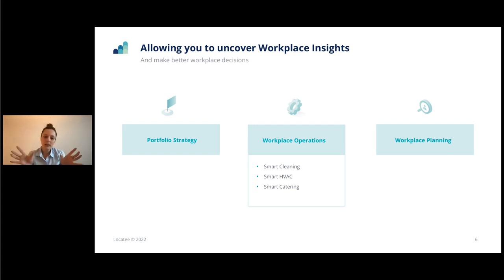The two pillars of portfolio strategy and workplace planning will be covered in an additional session in the next 2 months. So stay tuned for those use cases as well. Today, we focus on the workplace operations and how you can start making smart decisions on your daily building operations.